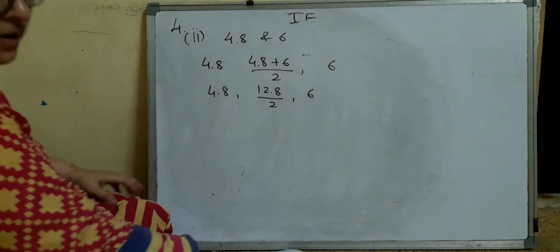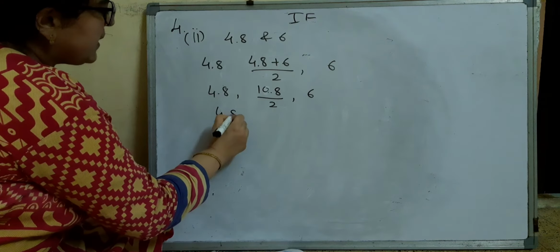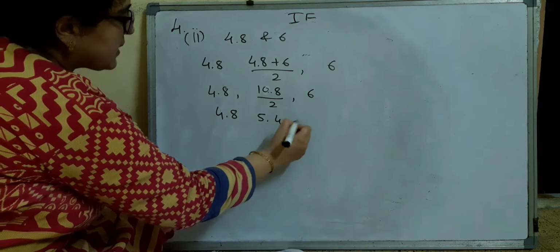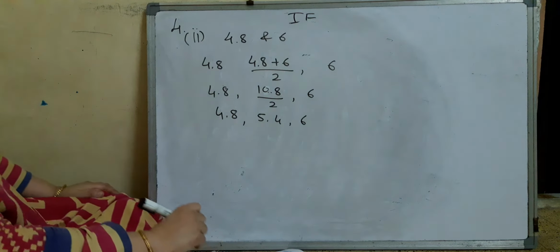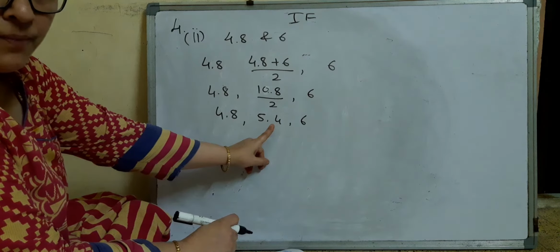Sorry, this is 10.8. So 4.8, 5.4 and 6. Right? Now the first rational number you got is 5.4.